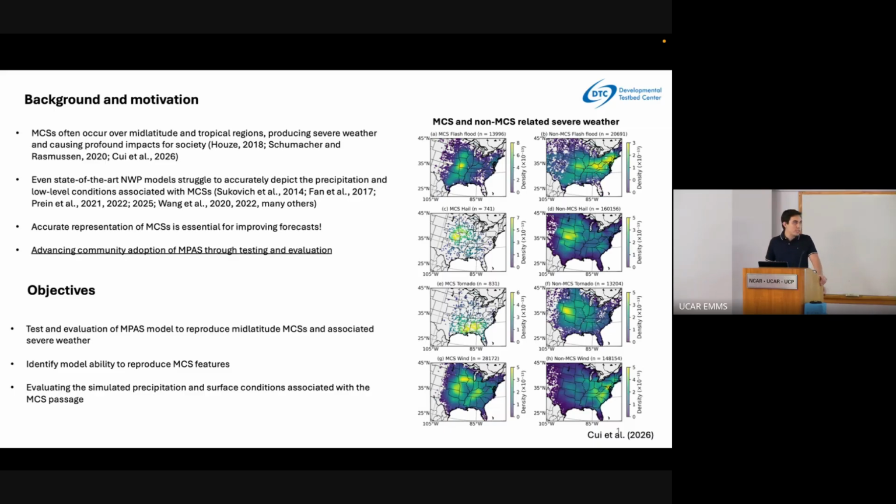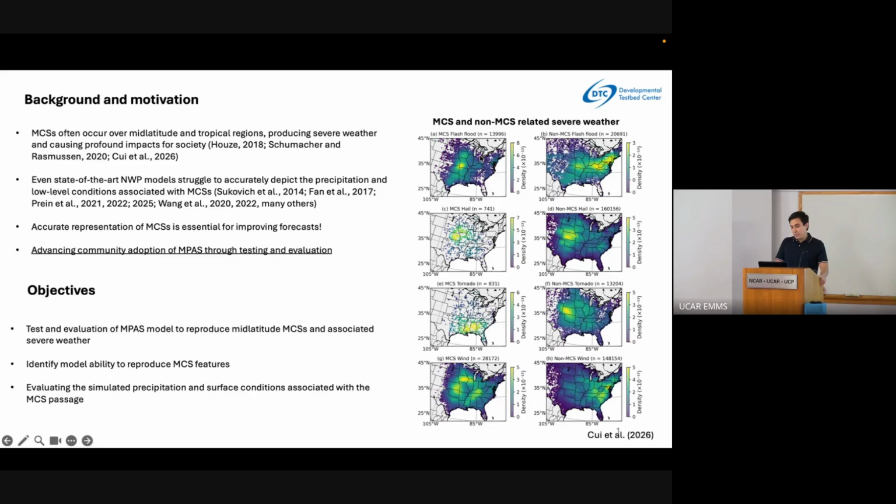The background and motivation of this project is that mesoscale convective systems often occur over mid-latitude and tropical regions, and they are responsible for producing severe weather and causing profound impacts for society. So here you have a figure from the work of Cui et al. 2026, showing the relationship of MCSs and the production of severe weather in the US.